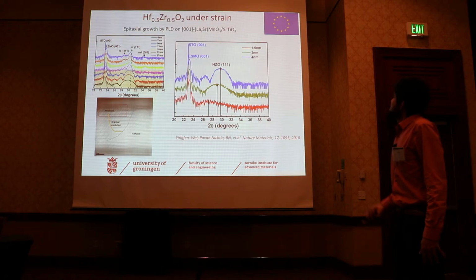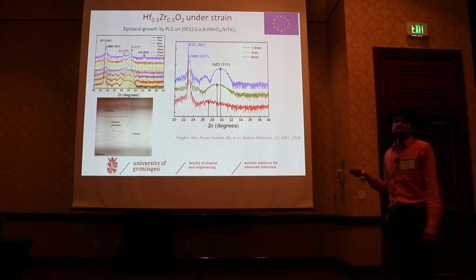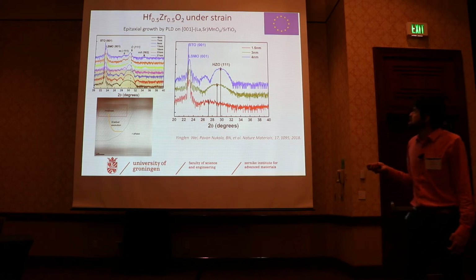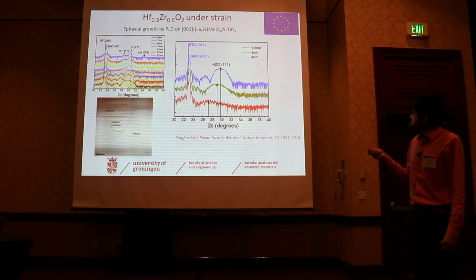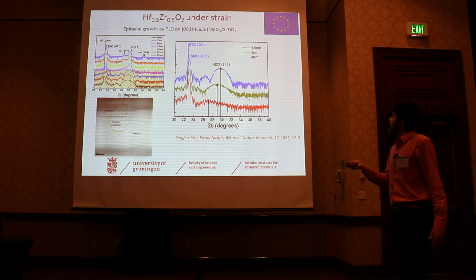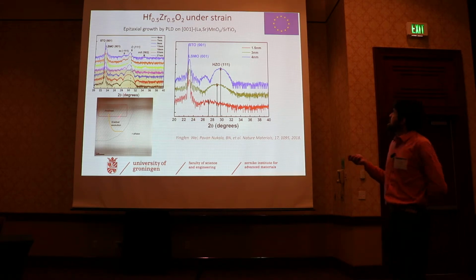Okay. So as to what is the reason for such ferroelectricity, we did some structural characterization using X-ray diffraction as well as electron microscopy. And in fact, you see that in the thicker films, we do have a phase coexistence of the bulk-like monoclinic phase as well as the ferroelectric phase. As to what this phase is, I'll come to it.